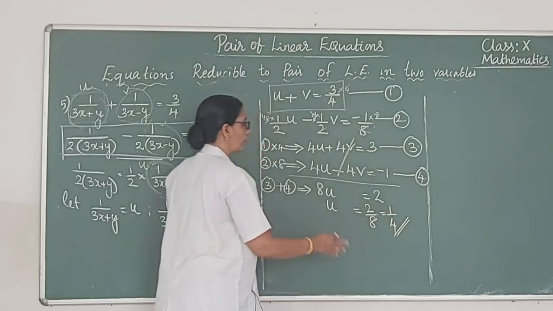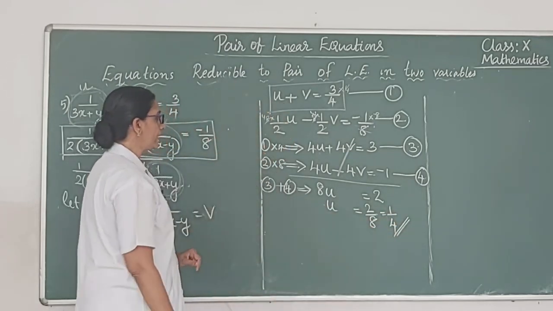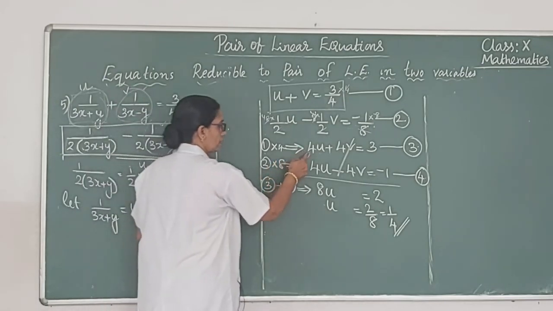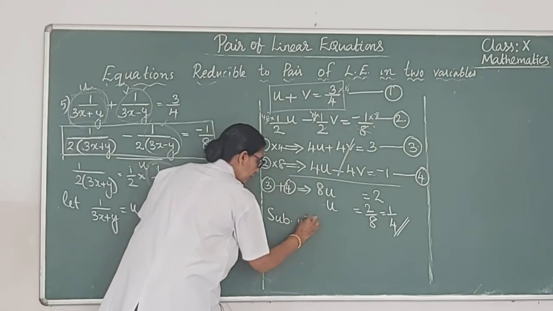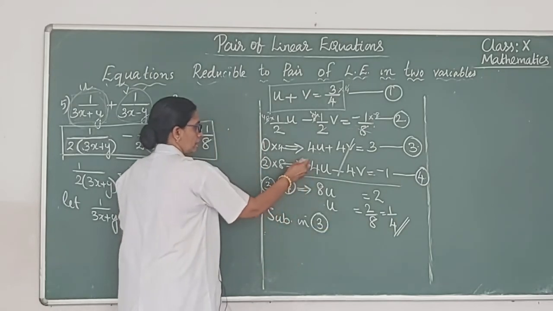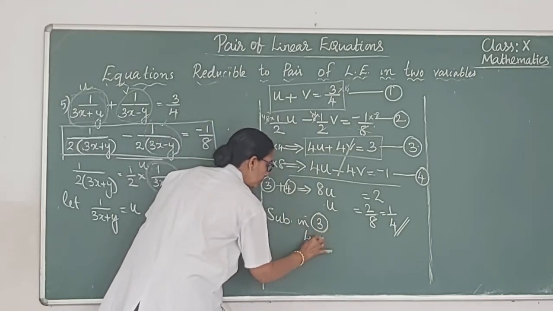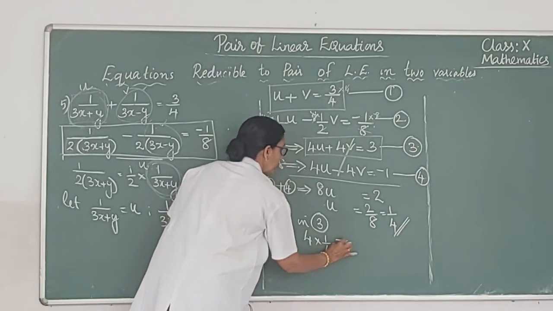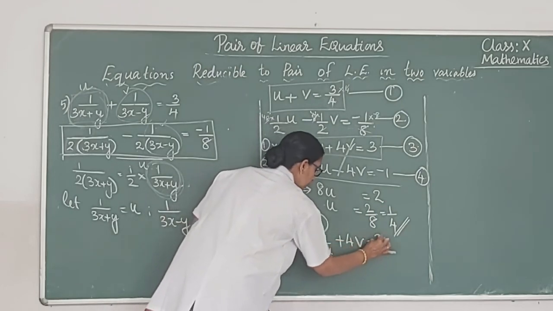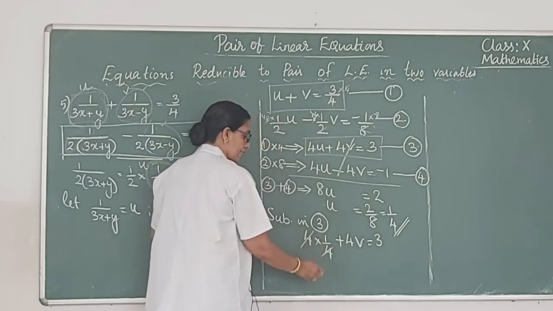Now how will we get value of v? We have to substitute in any equation. We can substitute in equation 3. This equation 3, it is 4 into u value is 1 by 4 plus 4v equal to 3. Okay, 4 cancel, 1 is remaining.